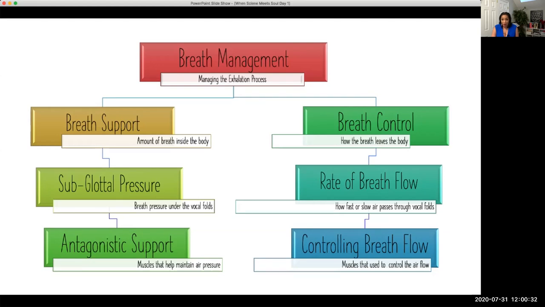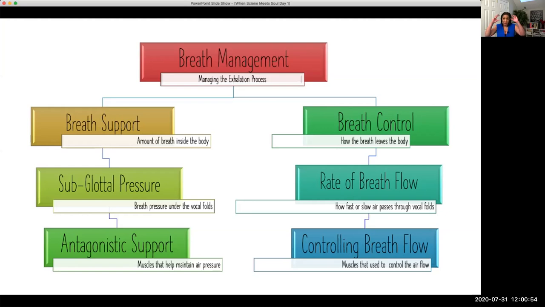So this is how I organize breath management. Breath support versus breath control. So these are all pedagogy terms, and so that's why I'm very, very careful about making sure that I tell you what it is that I mean when I'm using it.